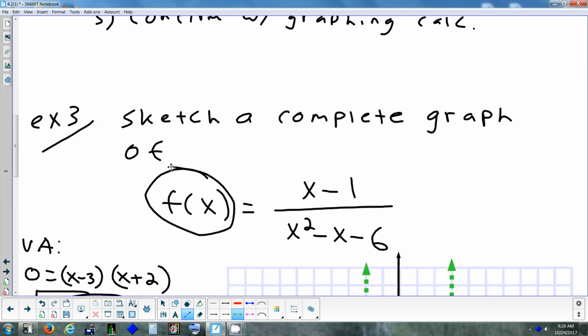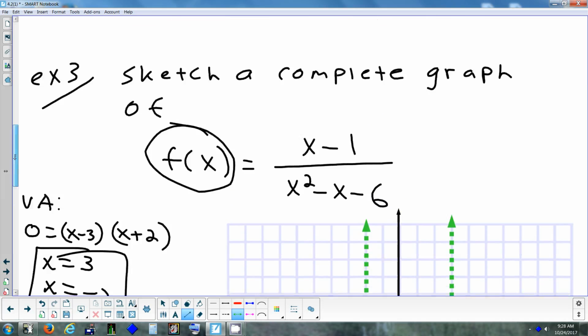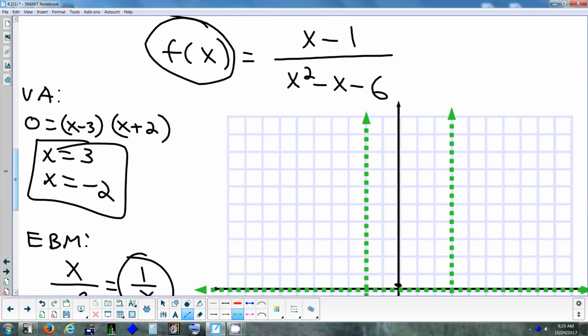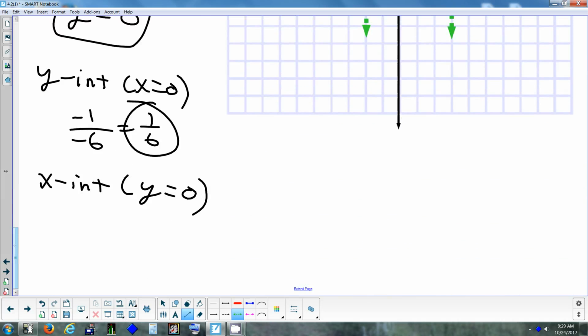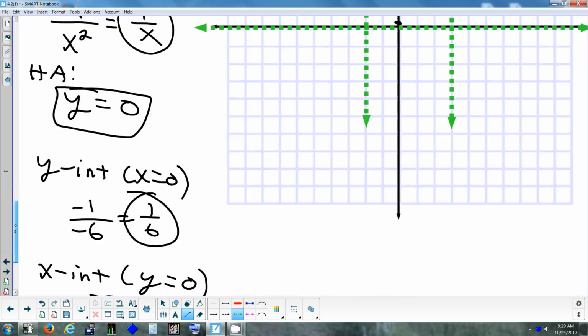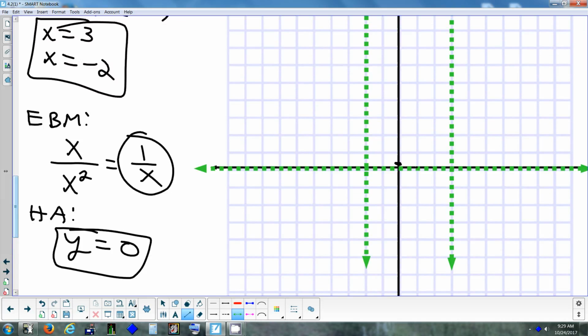The only thing we have to check is that it doesn't cause me to divide by 0. Is 1 one of the numbers that would cause me to divide by 0? No. So it will go through that point. So your x-intercept is at 1. Not sure those 2 points really helped me a lot.